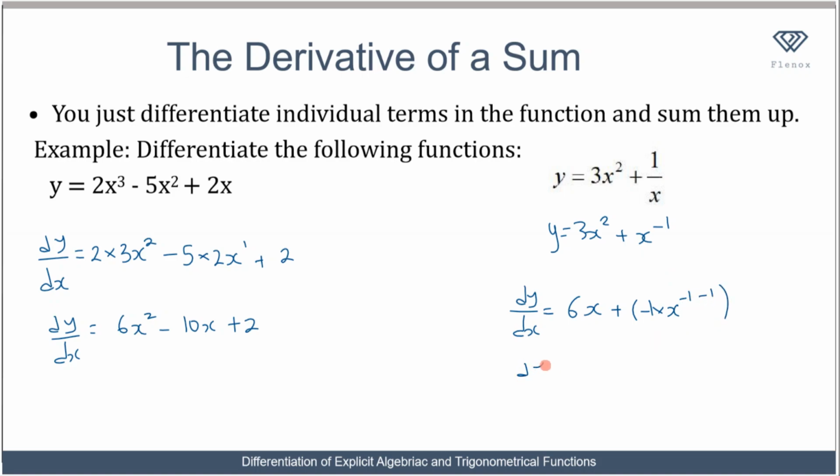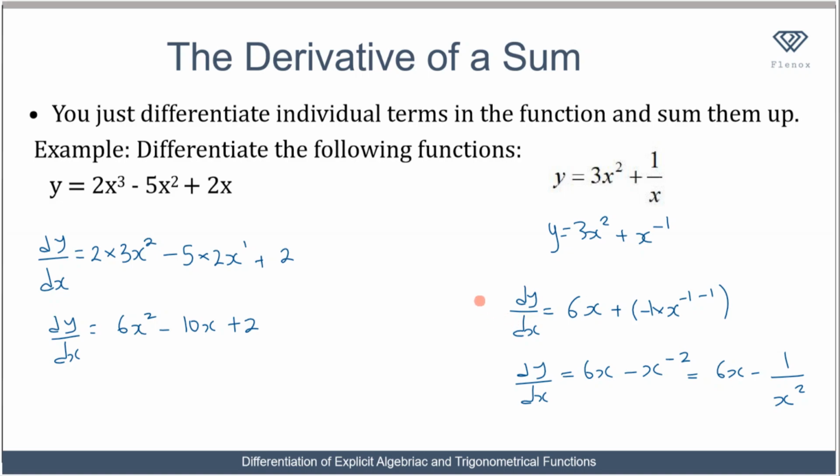So when I simplify everything, I have dy over dx equal to 6x, then minus times plus gives minus, so minus x, and minus 1 gives me minus 2. And I can write this out as 6x minus 1 over x squared. So as you can see, pretty straightforward.